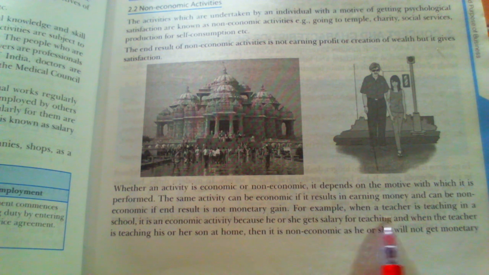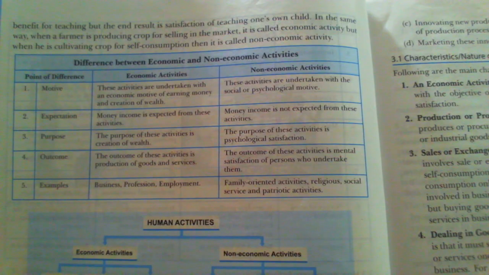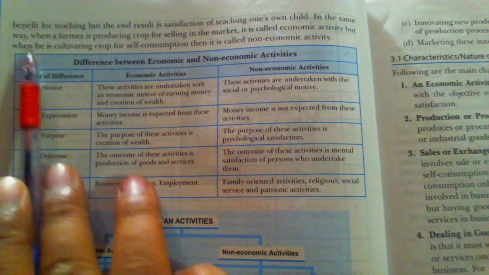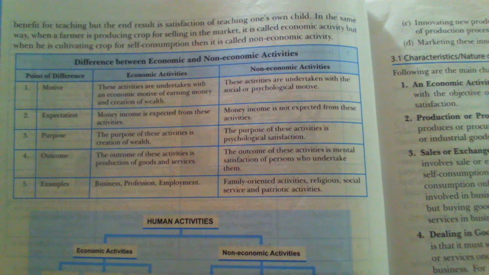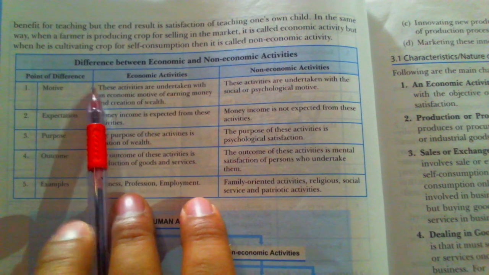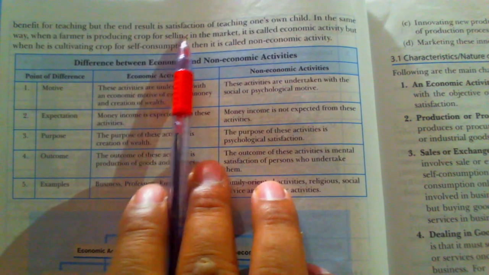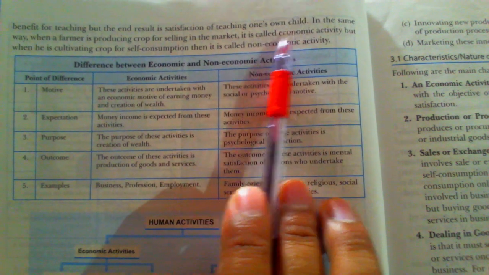For example, when a teacher is teaching in a school, it is an economic activity because he or she gets a salary for teaching, and when the teacher is teaching his or her son at home, then it is non-economic as he or she will not get monetary benefit for teaching, but the end result is satisfaction of teaching one's own child.